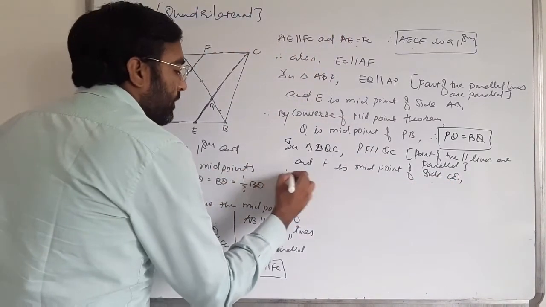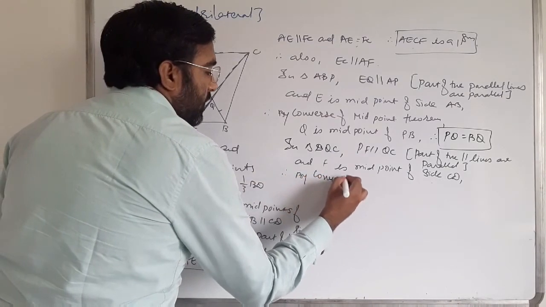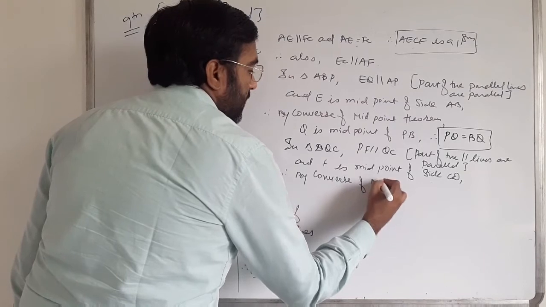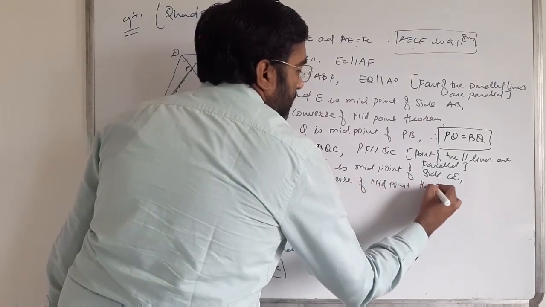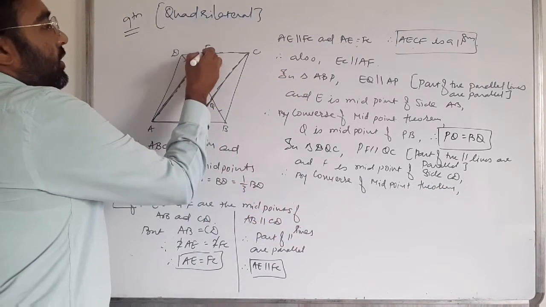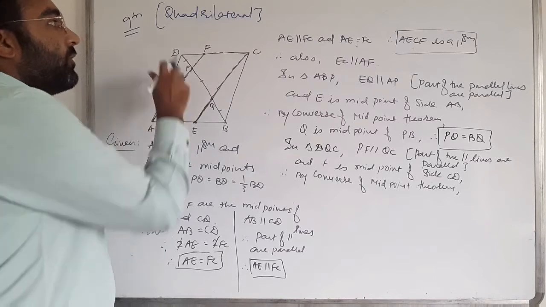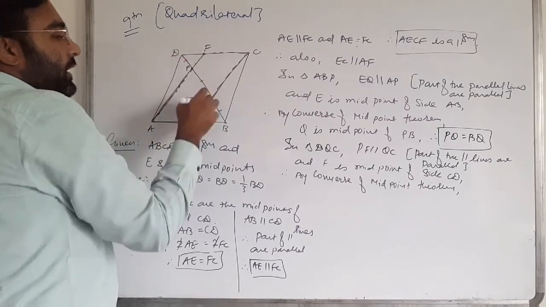Therefore, by converse of the midpoint theorem, P is a midpoint of DQ.